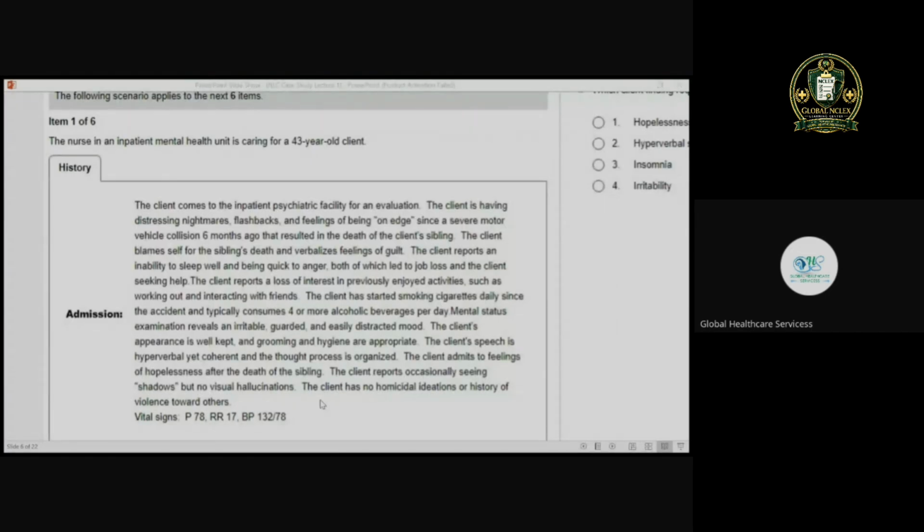So, first of all, the following scenario applies to the next six items. They will give you the scenario, and these case studies are also known as unfolding case studies. Why unfolding? Because they will give you chunks of information. For example, a patient came to the emergency department. First of all, we check the patient's blood pressure, we take the history, we connect them to the saturation probe.